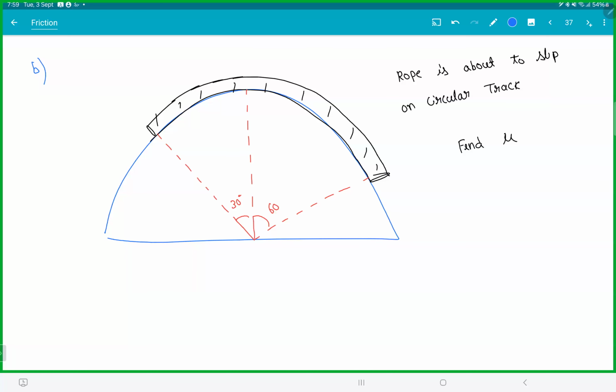So here the shape is a little more decent. But like I said, we proved it for a random shape, so it works for everything.